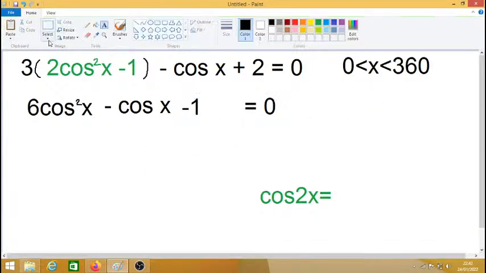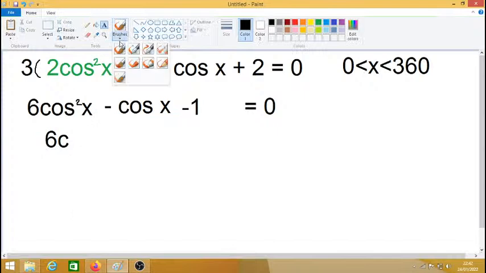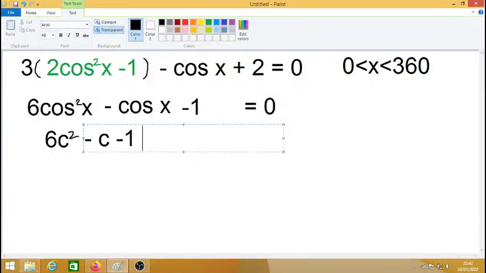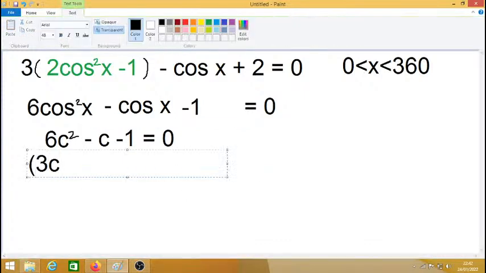And this is a quadratic, but it's not a very easy one to look at because of the cos making it a bit difficult. So we can replace the cos with just c. So we can imagine it was a quadratic where you've got 6c squared minus c minus 1 is equal to 0. And if you factorize that, you'll get 3c plus 1 in one bracket, 2c minus 1 in the other bracket.